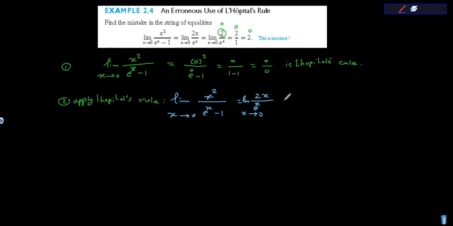Now we can substitute to get 2 times 0 over e to the power 0, which is 0 over 1, equal to 0. We can write finally the limit of x squared over e to the power x minus 1 as x approaches 0 equals 0.